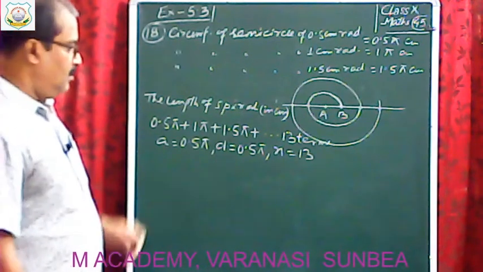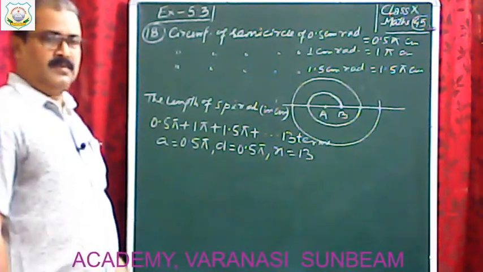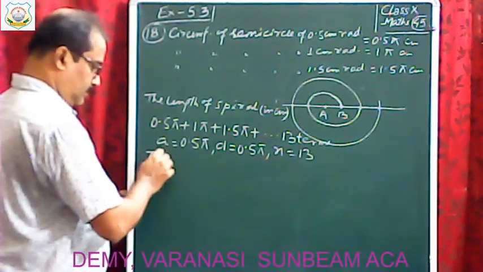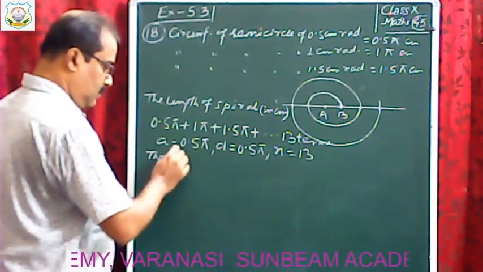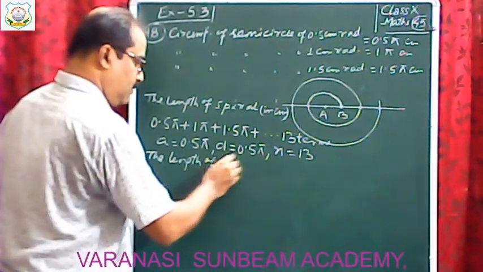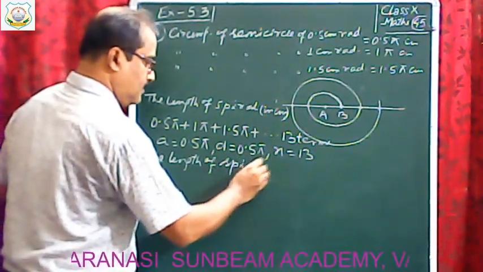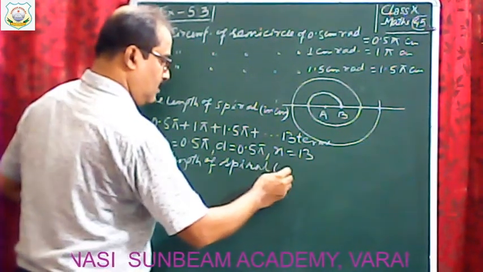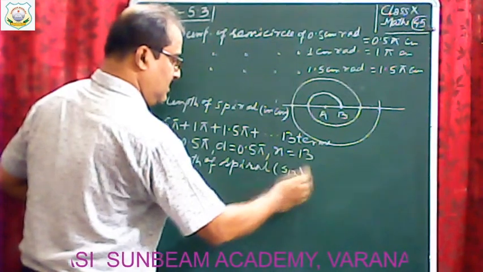We have to find the sum of the first 13 terms of the AP. Finally, we have to write the length of the spiral, that is S13.